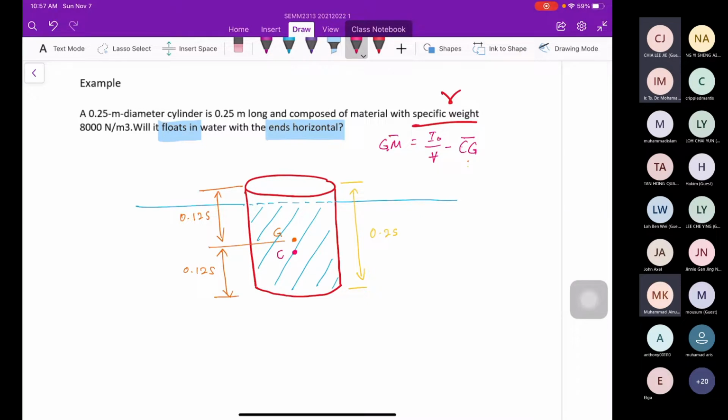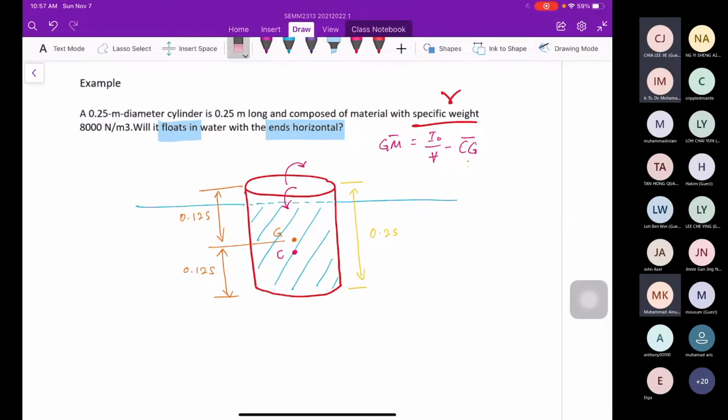How do we know the shape of this object? First we must know if it floats with the end horizontal. We must look from the top, whether it topples in this direction or in this direction. So what do you think of the shape when we look from the top?